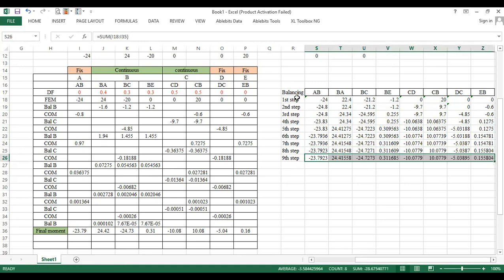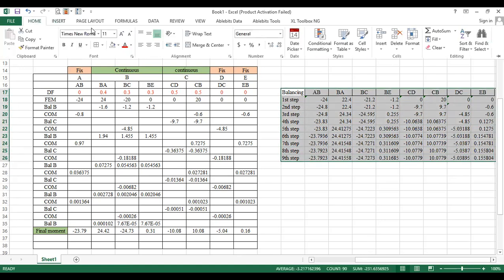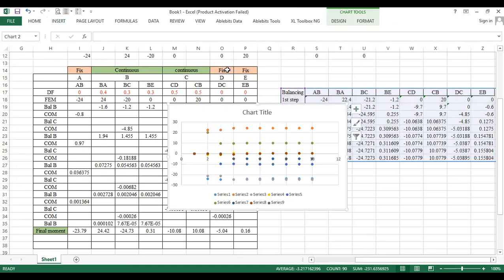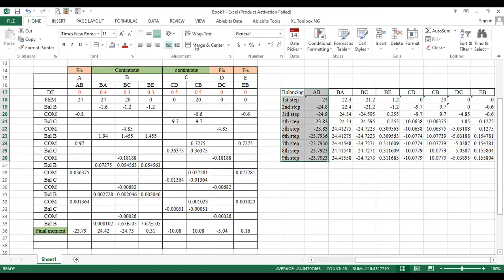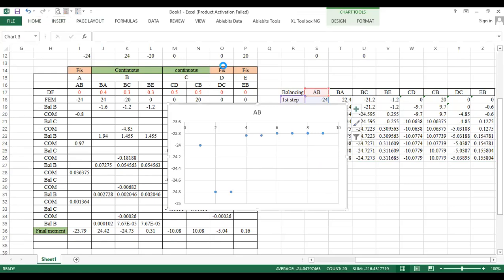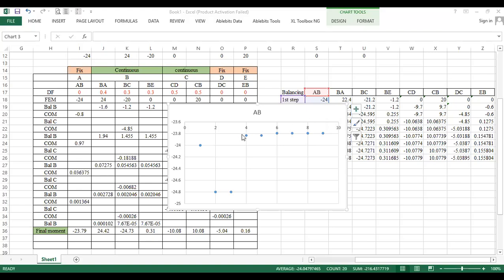Right? So if you draw a graph, you can see from 4th to 5th step, so you can see 6th step, it's converging, right?